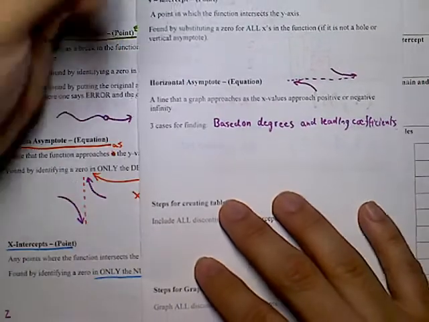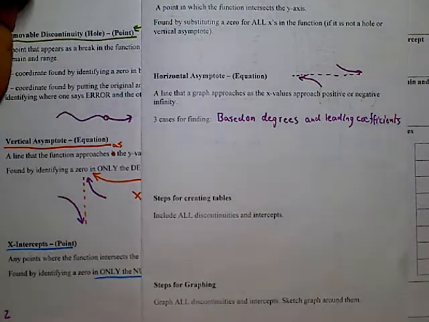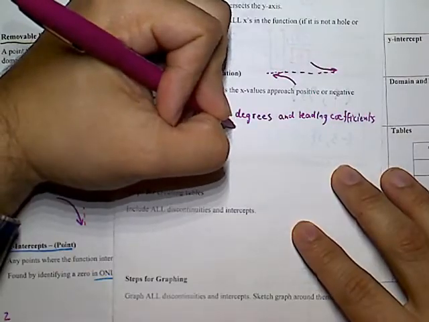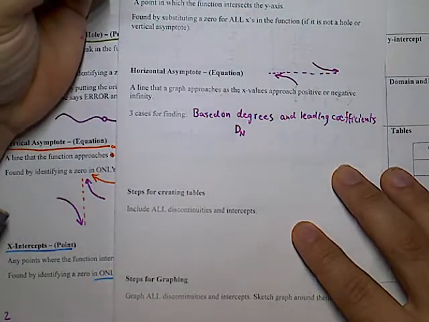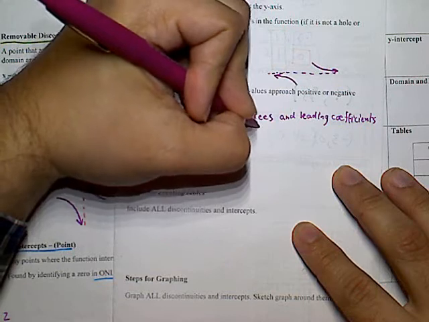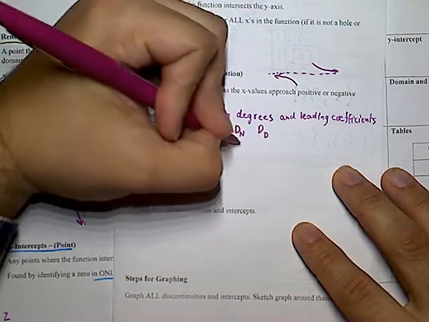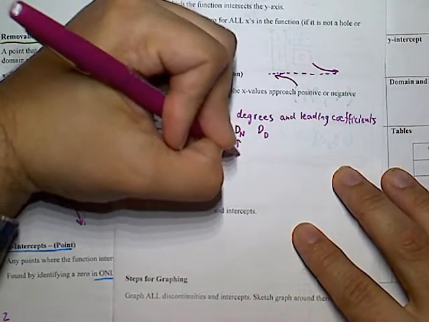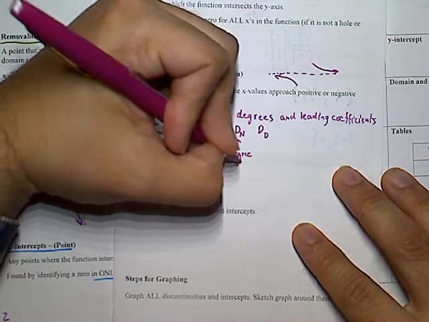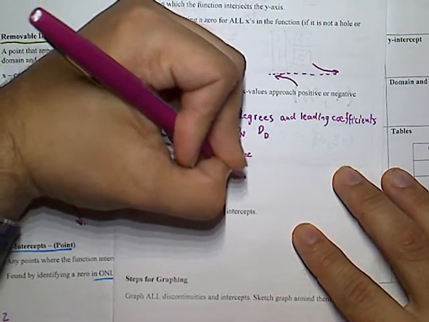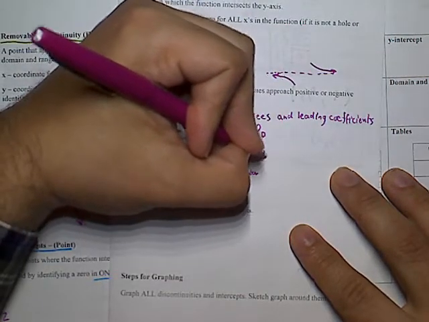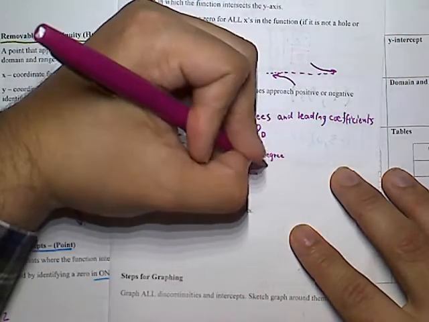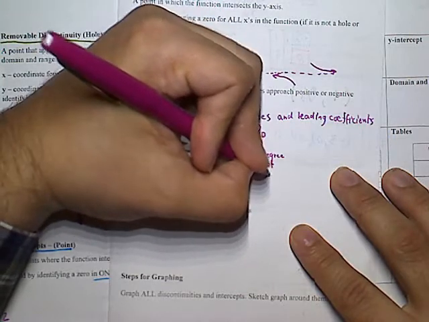So, in order to keep me from having to write very long sentences, I'm going to use symbols. When I talk about the degree of the numerator, I'm going to refer to it as d sub n and d sub d. This right here is the degree of the numerator, and this one right here is the degree of the denominator.